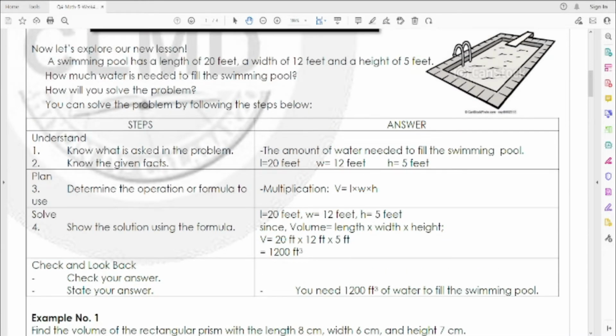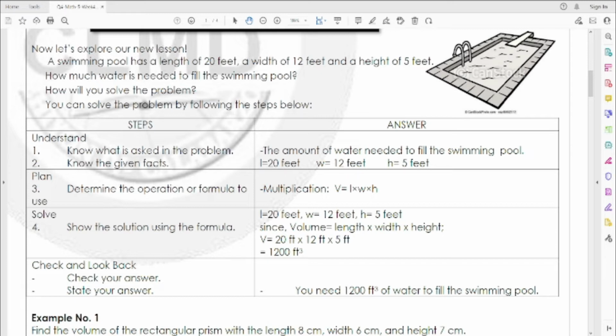Then for know the given facts, your answer is length 20 feet, width 12 feet, and height 5 feet. For the next step under plan, determine the operation or formula to use. And the answer is multiplication, where you can use volume is equal to length times width times height.